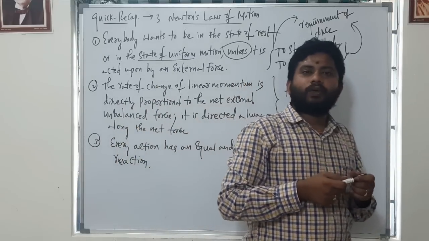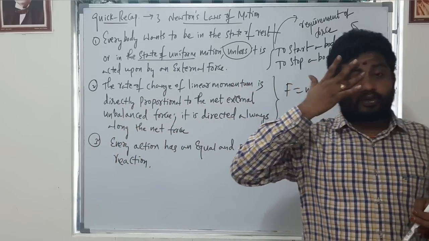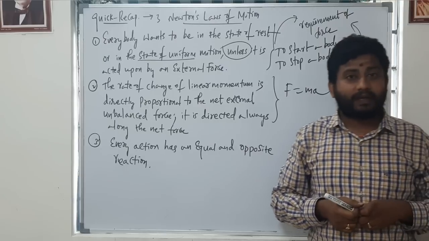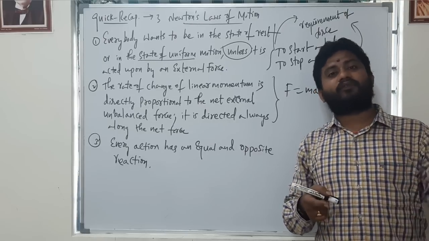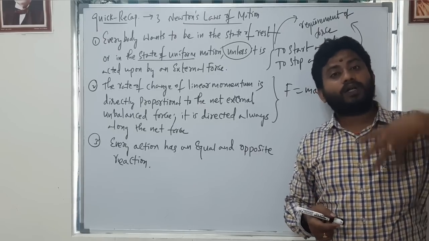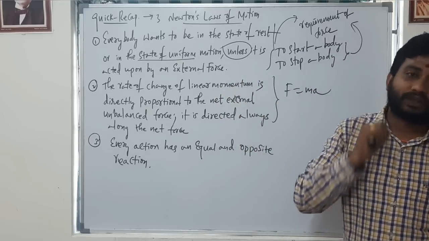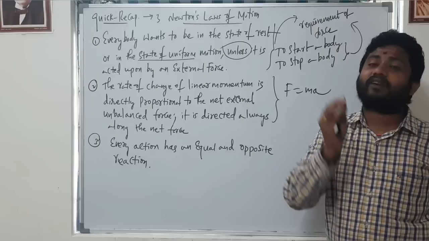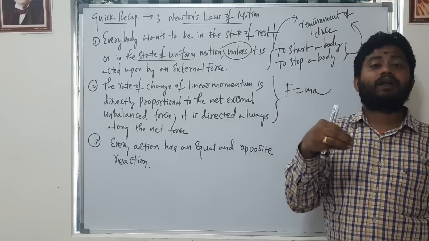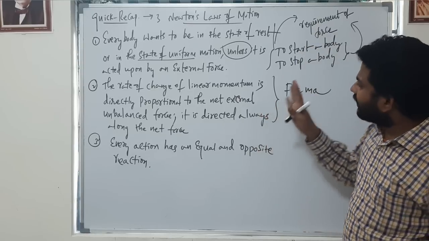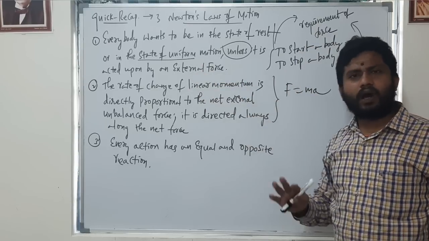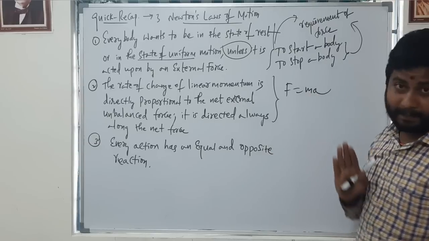If somebody asks you what is Newton's second law of motion, you should not just tell F = ma. F = ma is the final expression we derived based on the statement given by Newton. Understand? So just for our quick recap, let's assume your second law of motion is F = ma.